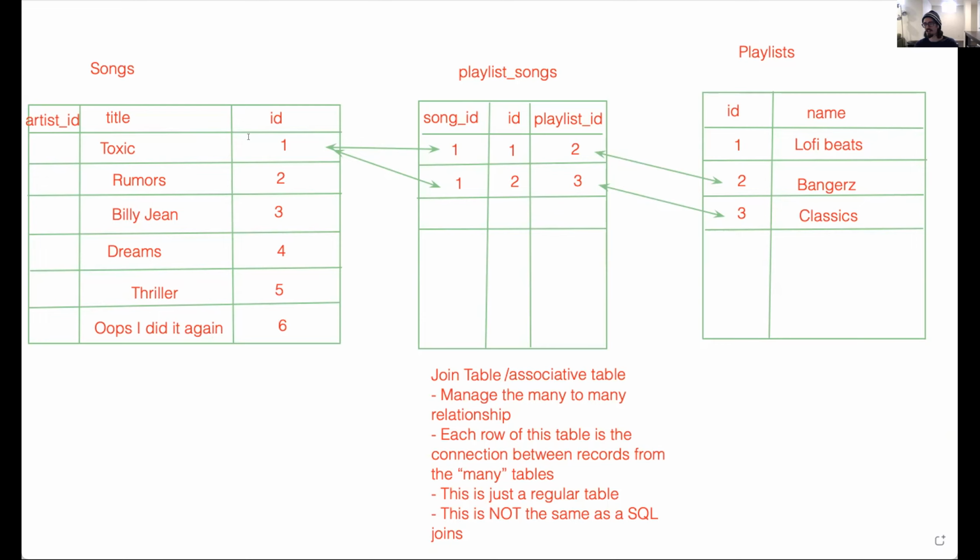Those, like the artist ID, are columns that are stored on the songs table. We're just leaving them out because it's not really relevant to this diagram. So just remember that those are still columns of our songs table. We're just not showing them because I don't have enough room on this diagram. Does that answer your question? Yes. Okay.